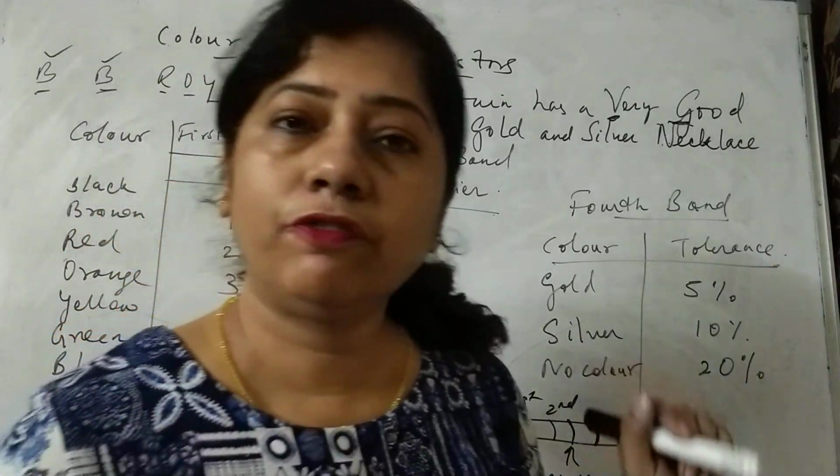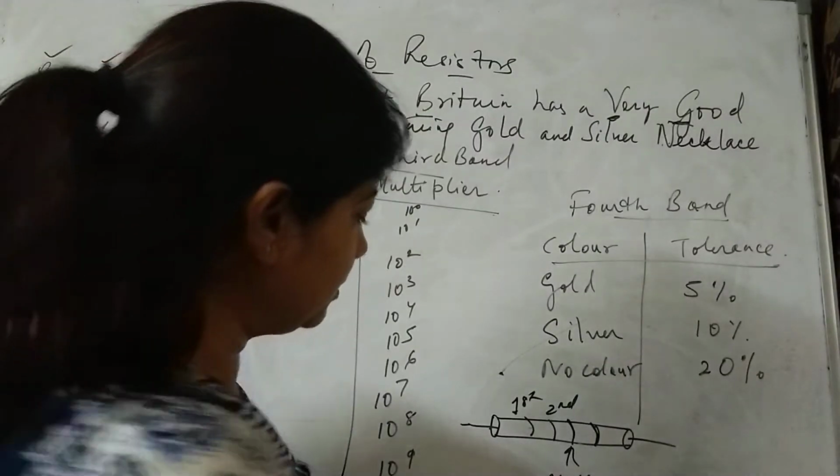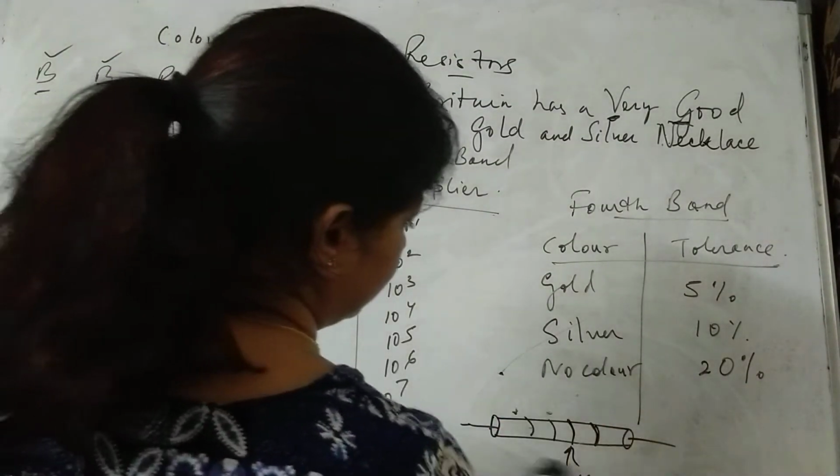Now suppose you are given a resistor and the colors are like this.